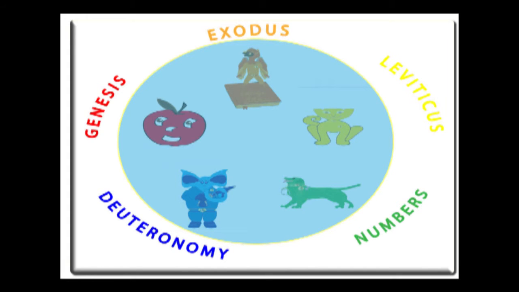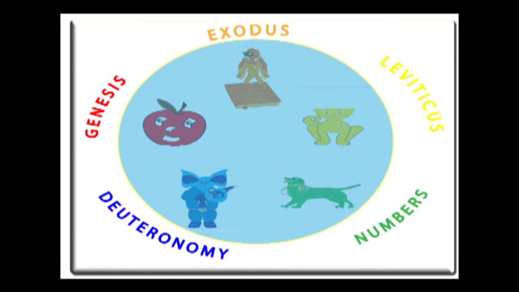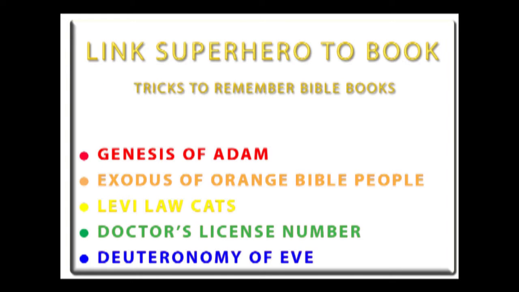So the link Levi Law Cats is just a play on words because it tells you who the superhero is, and it tells you what the book is about, and at the same time cleverly links the two together. Just say the phrase over and over a few times so your hippocampus brain will absorb the link.